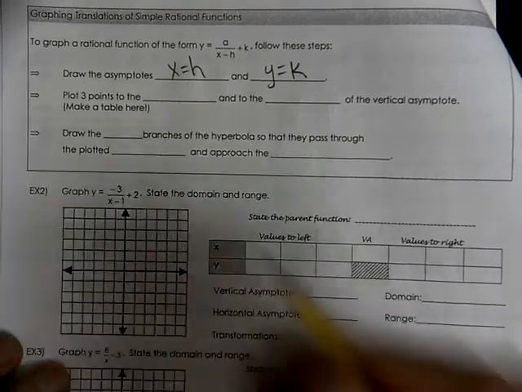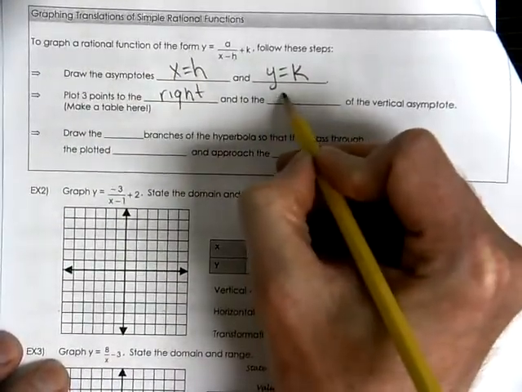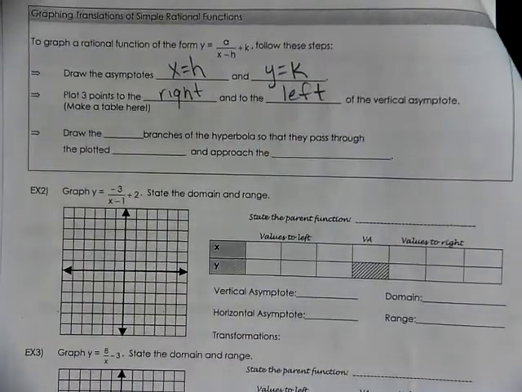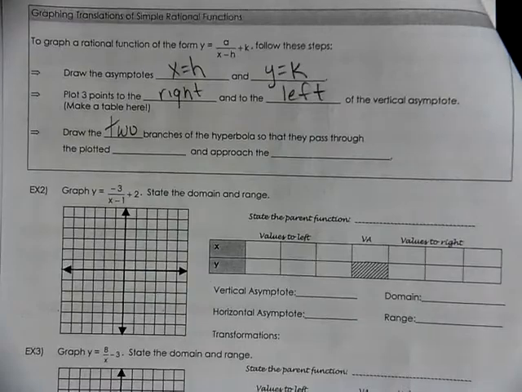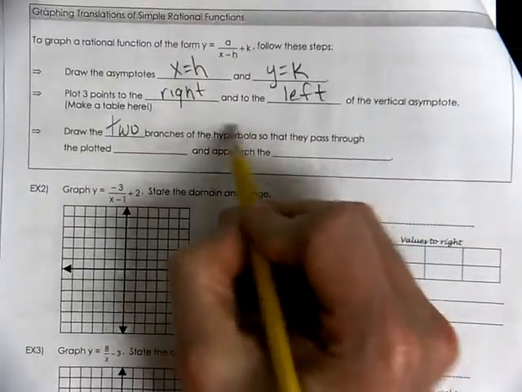You're going to plot 3 points to the right and 3 points to the left of your vertical asymptote. That's going to give us 2 branches to draw. And this forms a hyperbola.